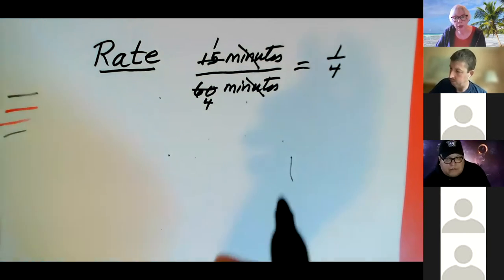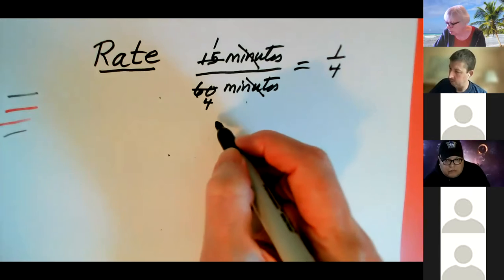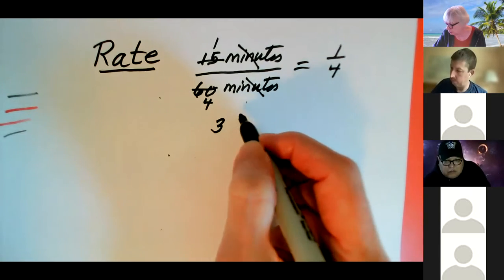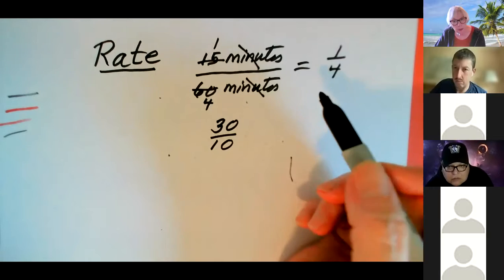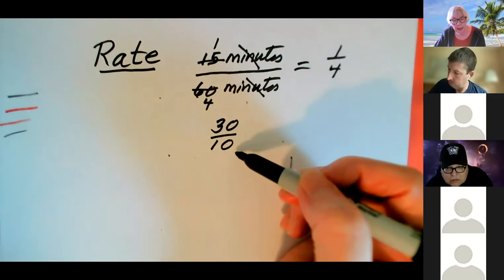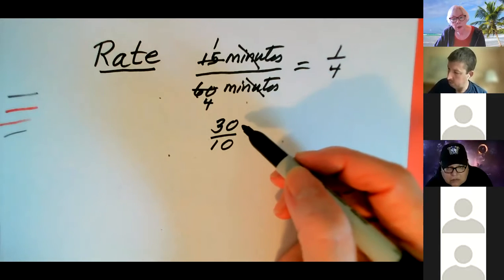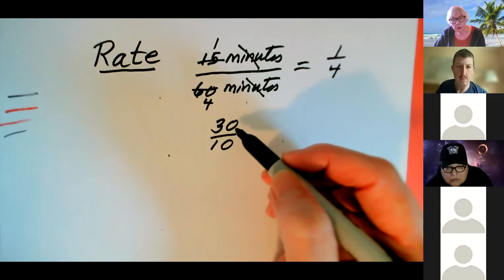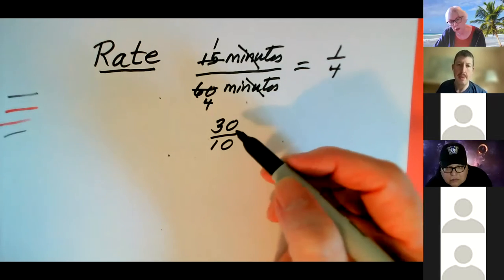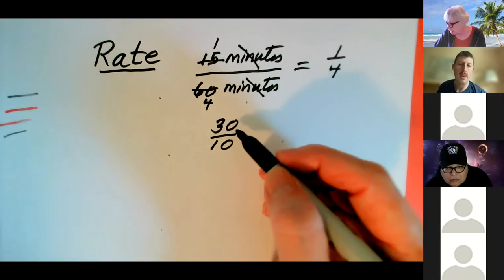And so I just wanted to remind you, if somehow it turned out this was the problem, 30 divided by 10, you would want to reduce it. And so the 2 zeros at the end can be canceled because you're dividing by 10.